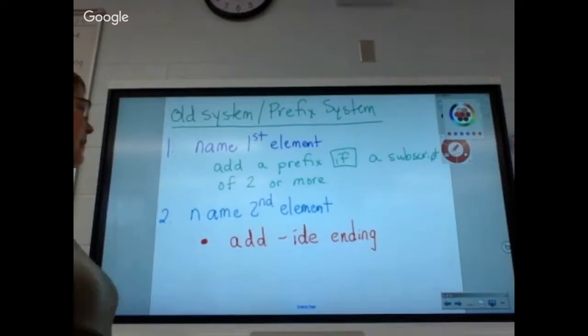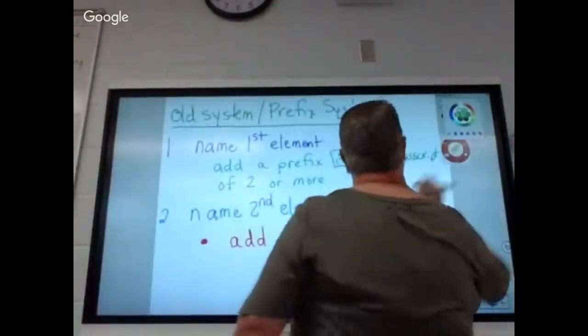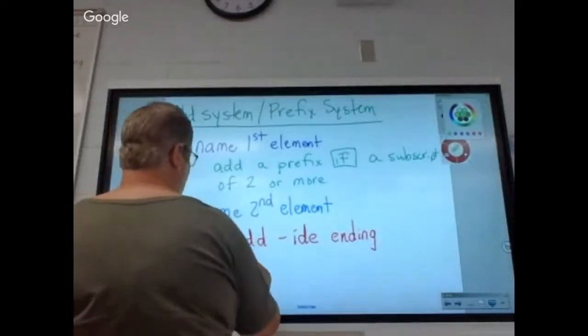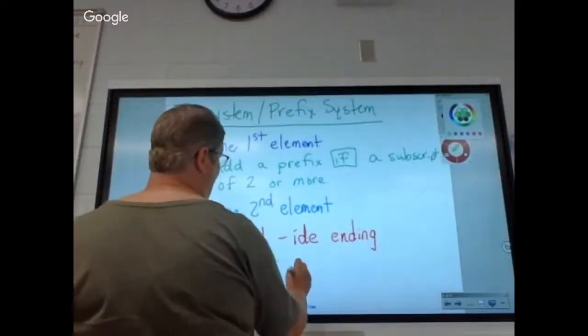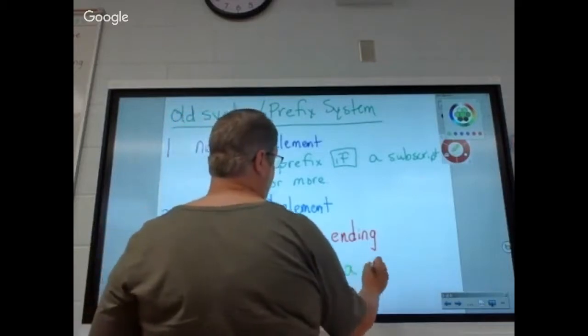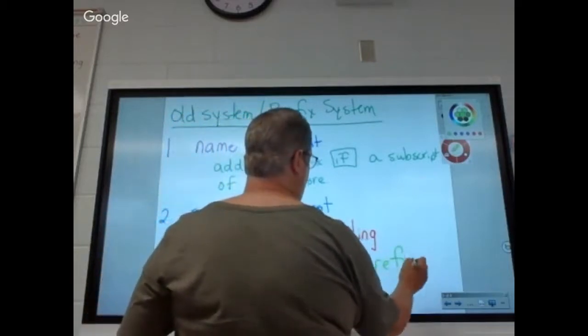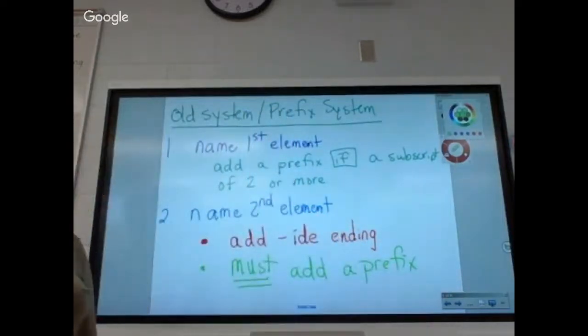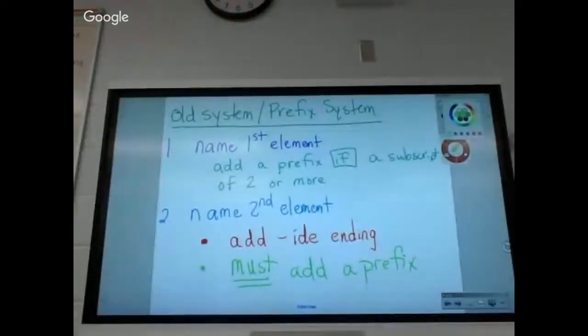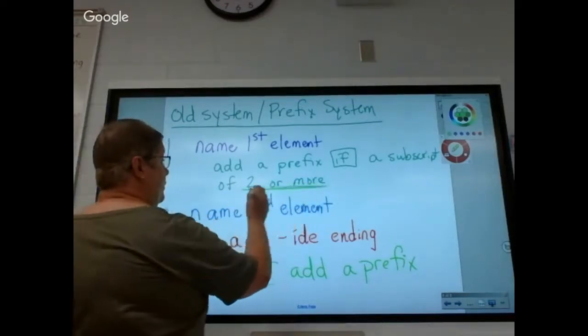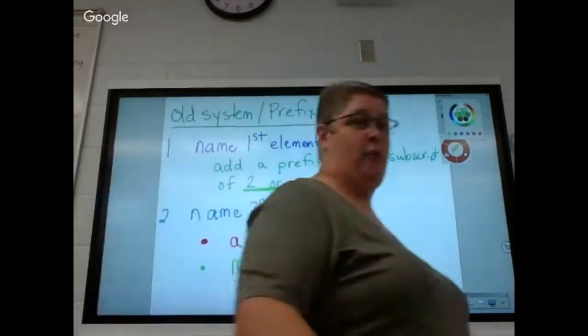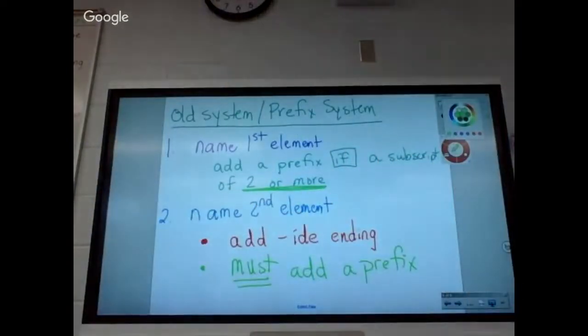And the last step is you must add a prefix. You don't have an option. So the first element gets a prefix only if there's 2 or more, so we'll decide if we need a prefix. But the second element is always going to get a prefix.